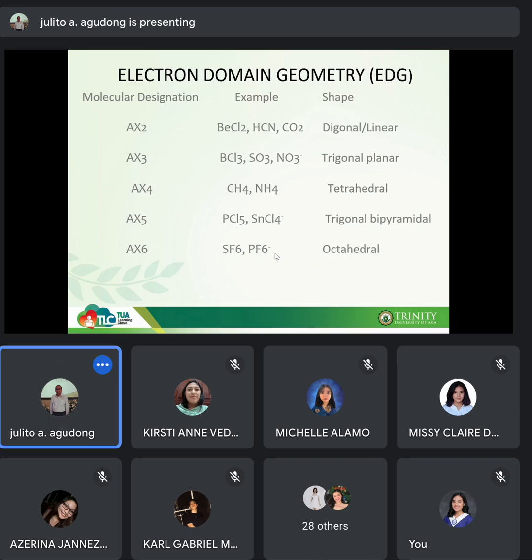Selenium hexafluoride too exhibits such octahedral shape or geometry of your electron domain geometry, AX6 molecular shape designation.